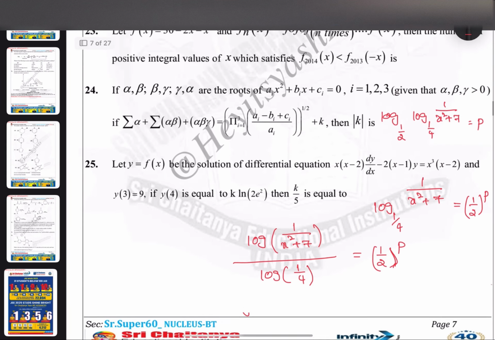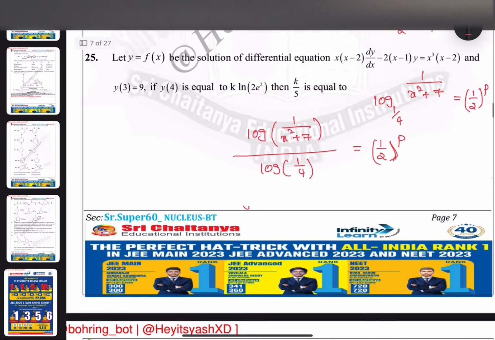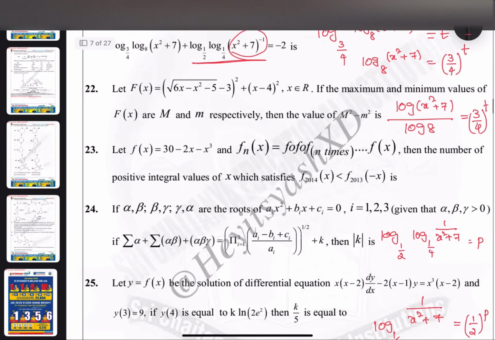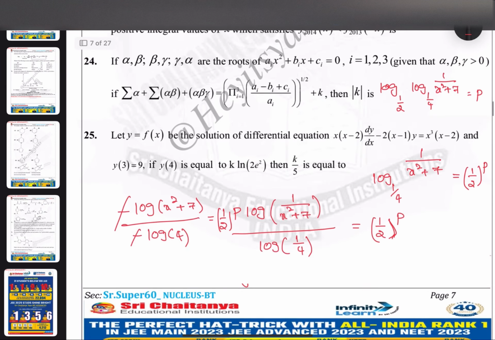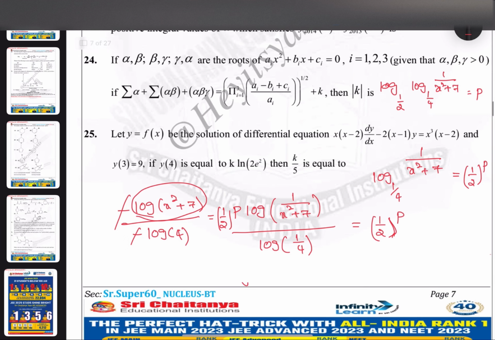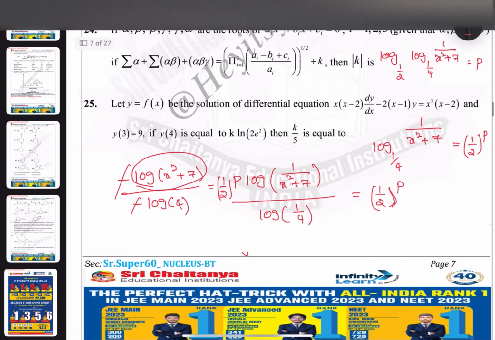Now, this is simply minus log x square plus 7 divided by minus log 4 on the left hand side, so this and this will get cancelled. Now if you see, this is log x square plus 7, this is also log x square plus 7, so let us equate those two.